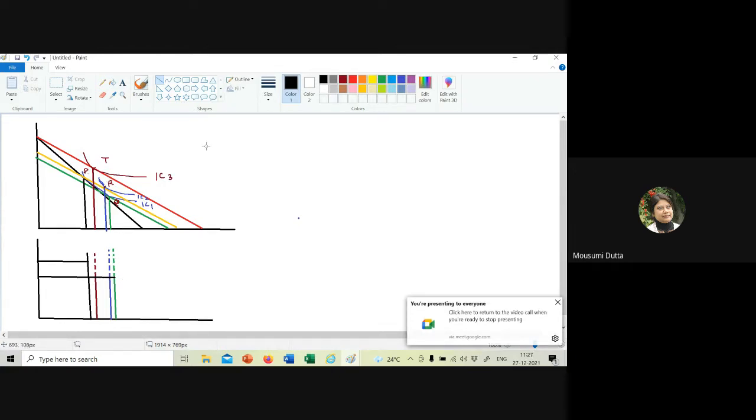This I have to do actually. So let us first finish this. So first I am drawing the ordinary curve.